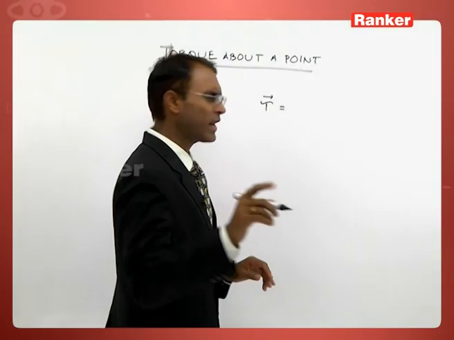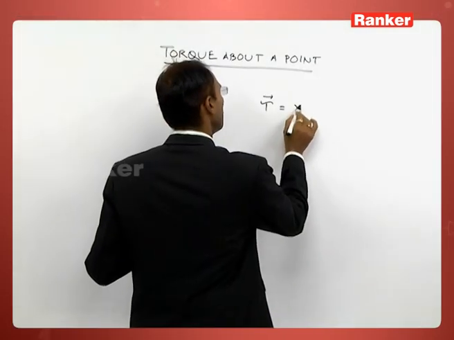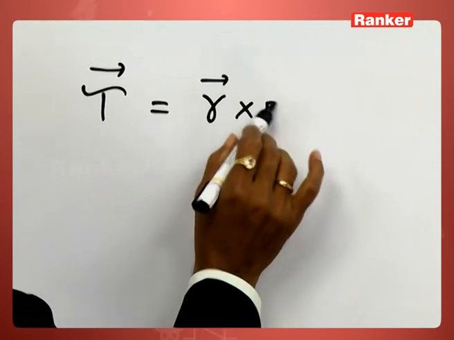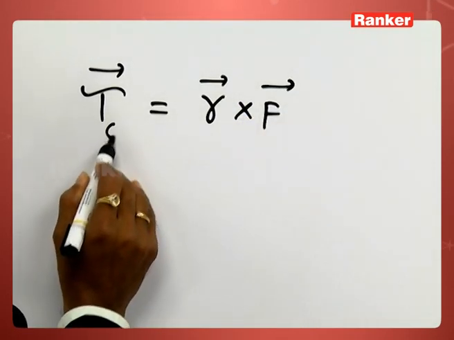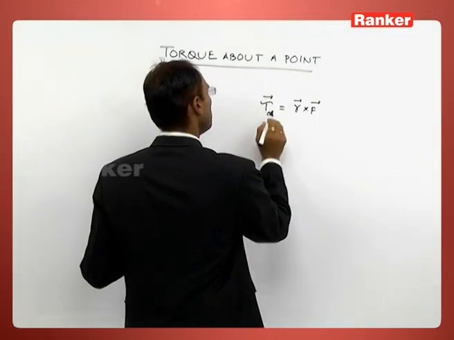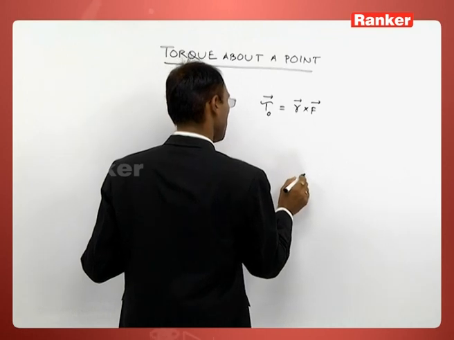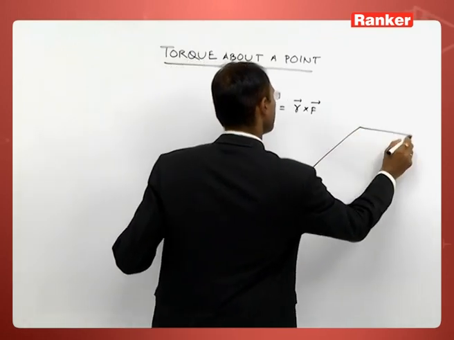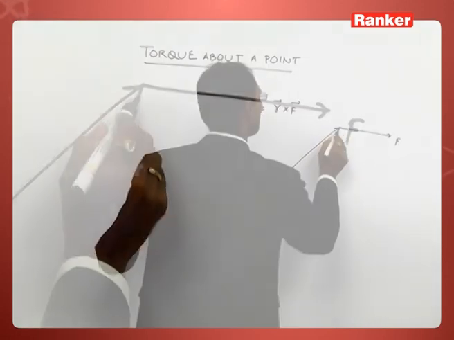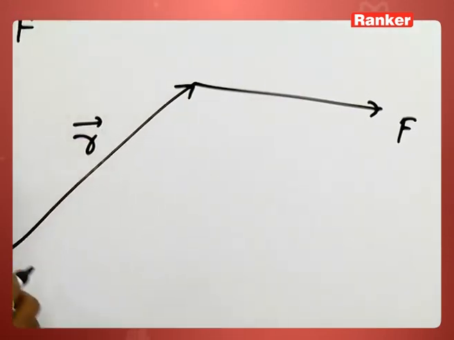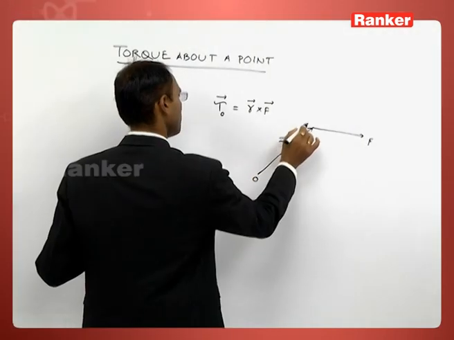Combining both magnitude and direction, it can be given by this familiar formula r cross f. Torque about a point O of a force can be given as r cross f.